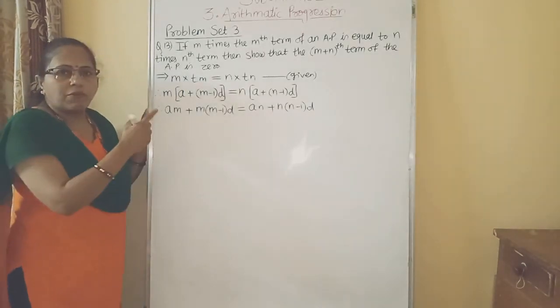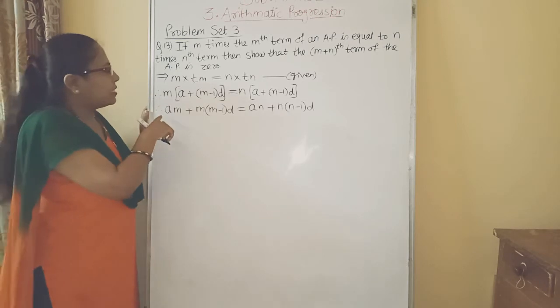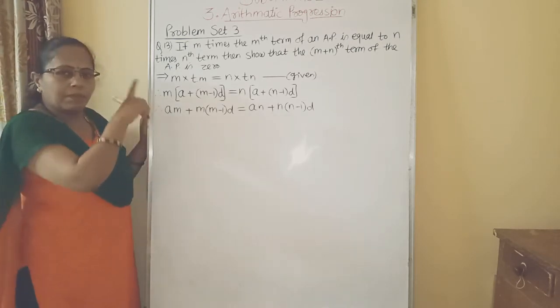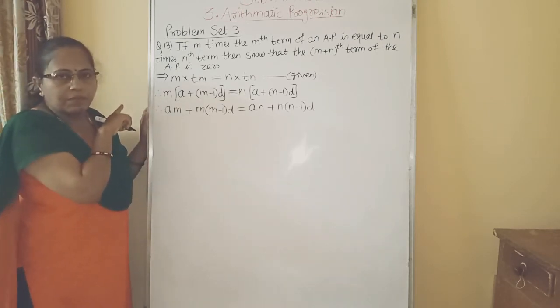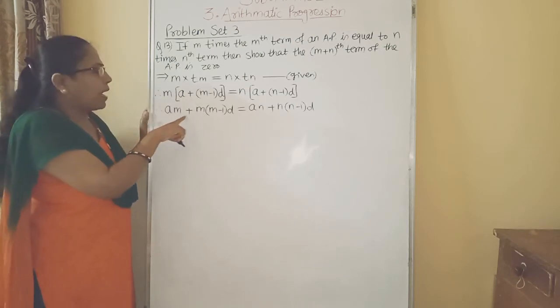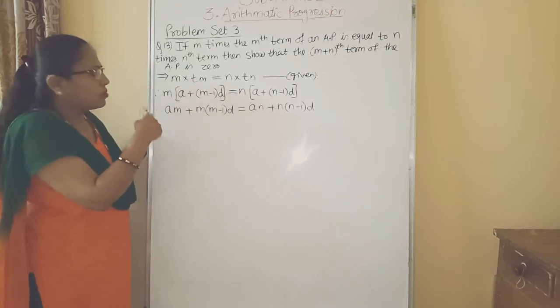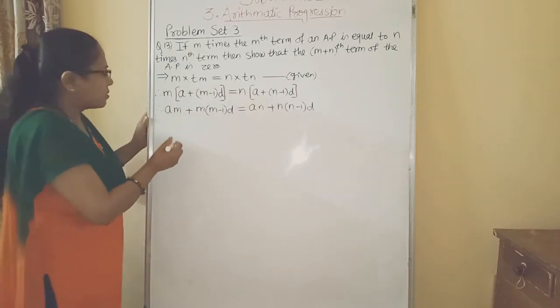See students, if you recall the previous question, you will come to know that this step is the same as that step in question number 12. Instead of m and n, we had p and q letters there. So in the same way we have to solve this question.